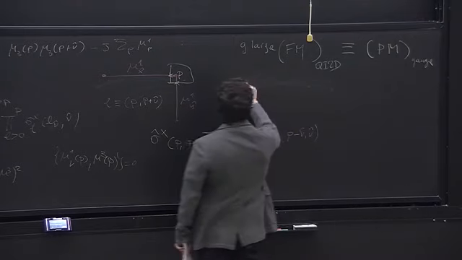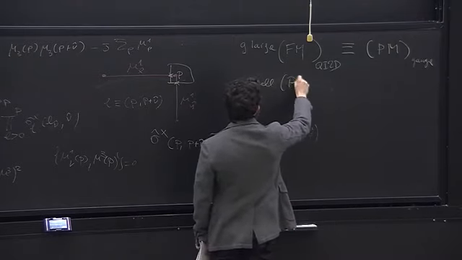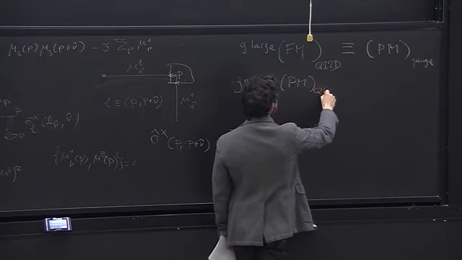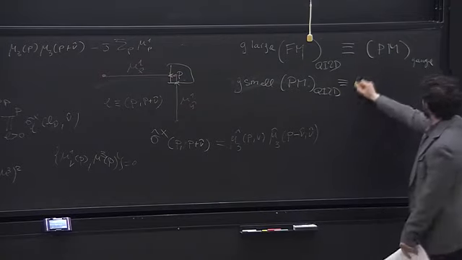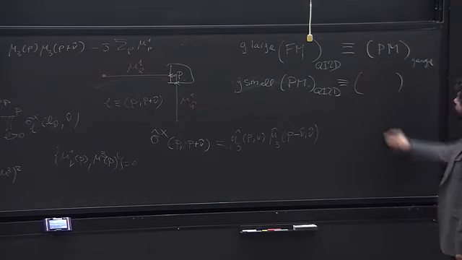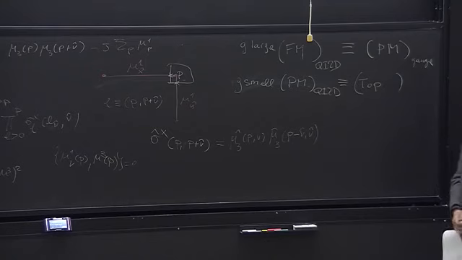G small is the paramagnetic phase of the quantum Ising in 2D. It corresponds to the topological phase of the gauge theory.